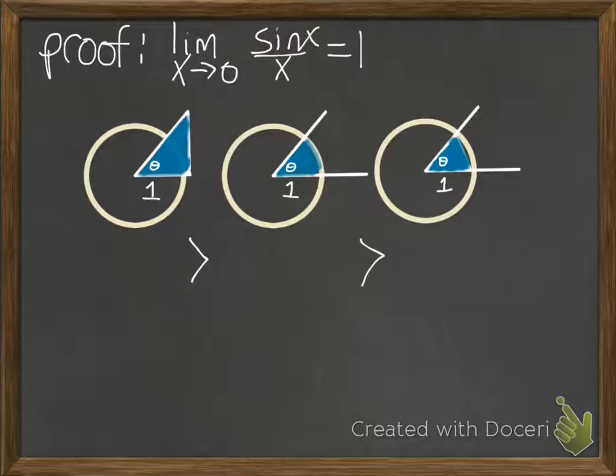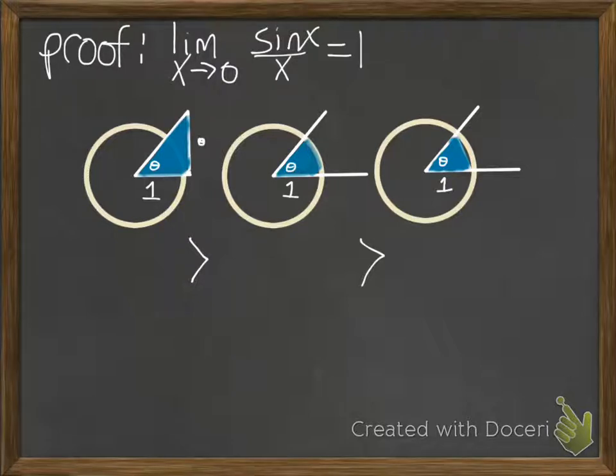using your definition of trig functions, we have an angle theta and a right triangle. We have one side is 1. We know that tangent theta is equal to the opposite, right here, over the adjacent.